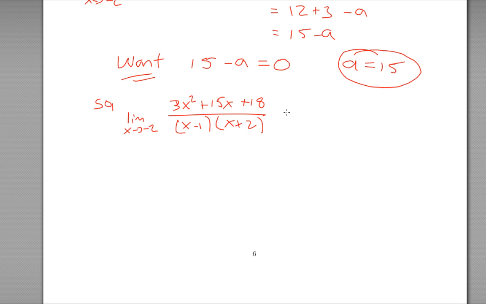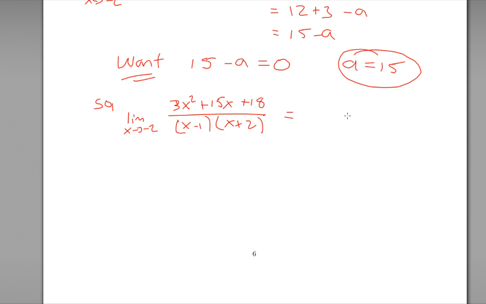Okay, so two numbers that multiply to be 48 and add to be 15 are 18 and 3. Nope, not quite.